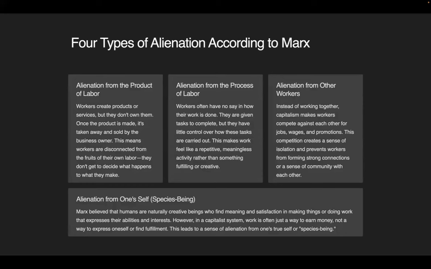The last type of alienation is from one's own self, from species being. What is species being? Humans have a special power to do any action by utilizing their consciousness. The same action done by every animal, like eating food, is done in a distinctly different way by humans by applying their consciousness.